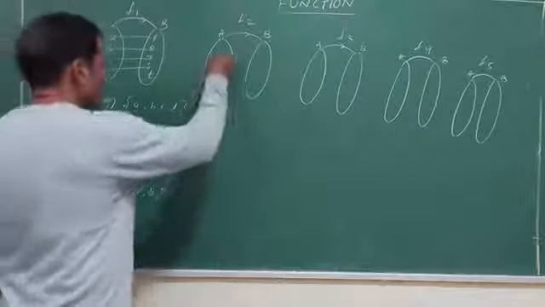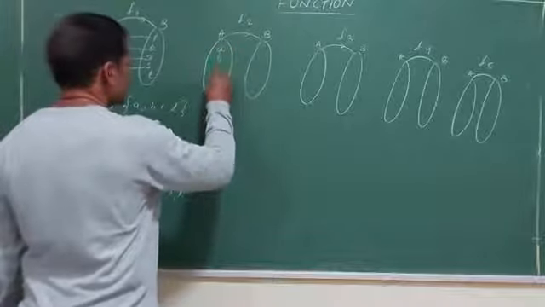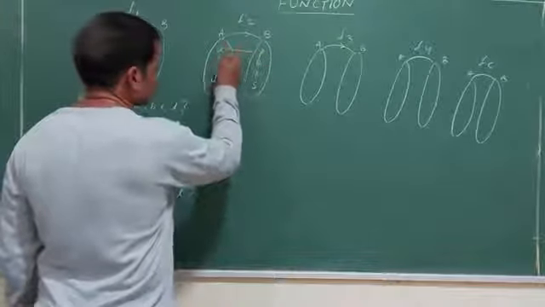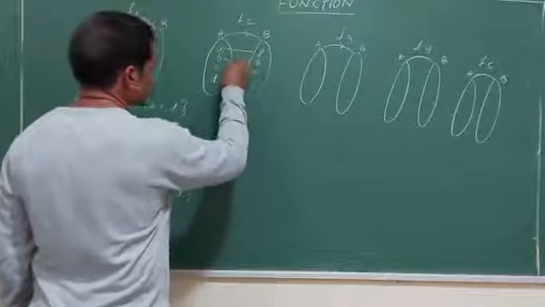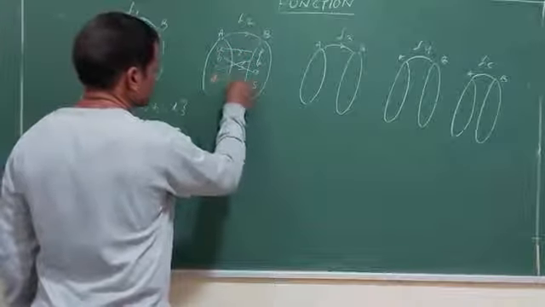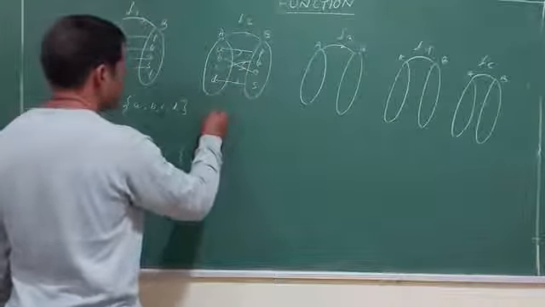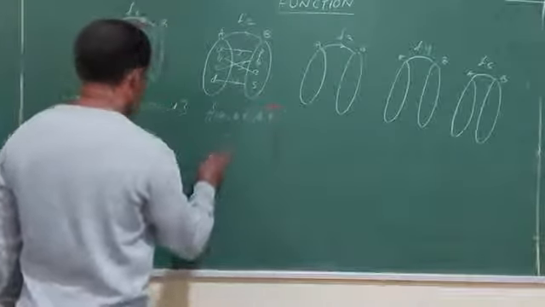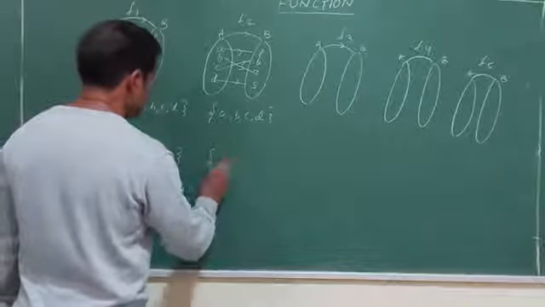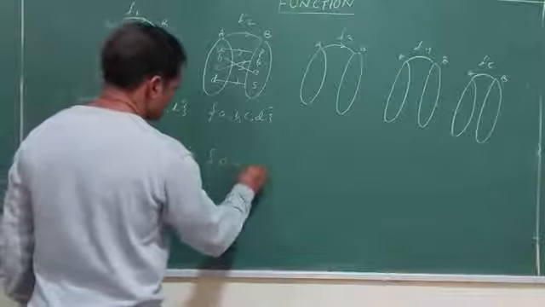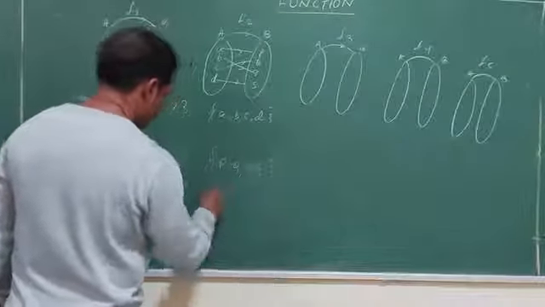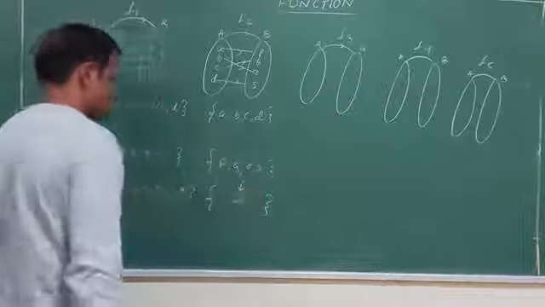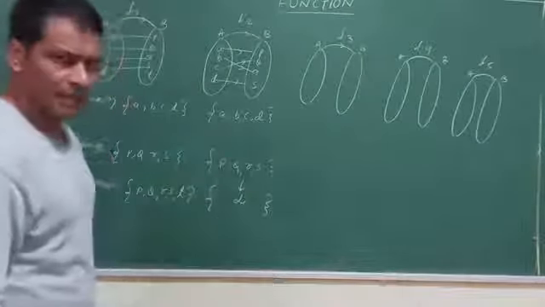If I take here A, B, C, D, and P, Q, R, S: domain A, B, C, D. Range P, Q, R, S. And codomain is the same.